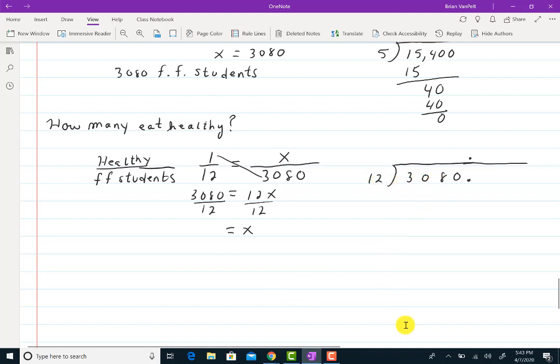So let's start. 12 goes into 30 twice. 30 minus 24 is 6. Bring down the 8. 12 goes into 68 5 times. Bring down a 0. 12 goes into 80 6 times.